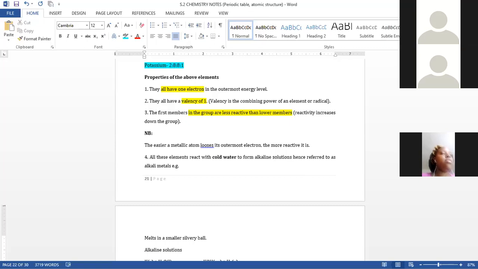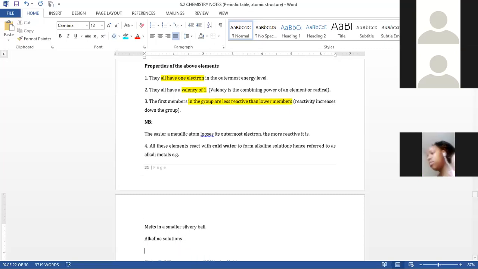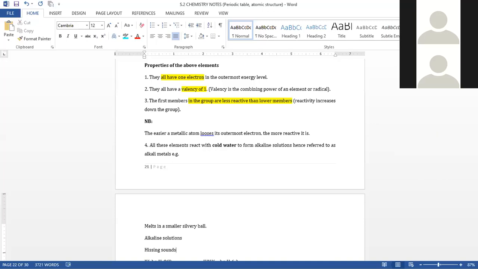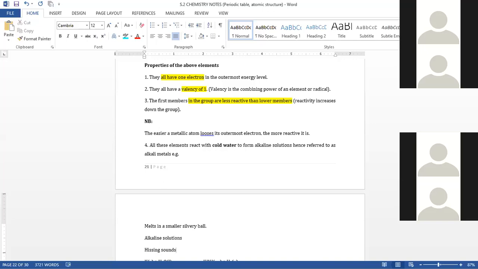It gives off a colorless gas that gives off a pop sound when a burning splint is lowered into the gas jar of hydrogen. Okay, that gas is produced, but we always hear a hissing sound. I'm going to show you this experiment in a few minutes. Then we can confirm if our observations are correct.